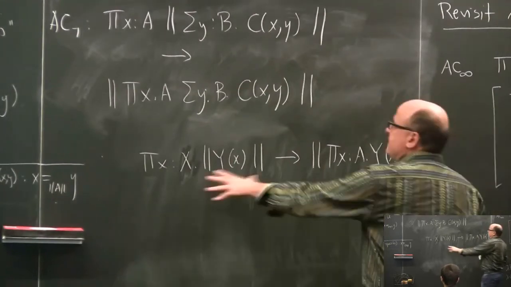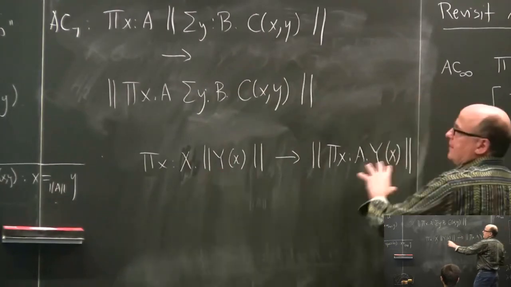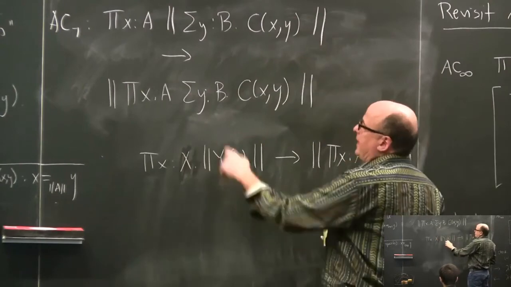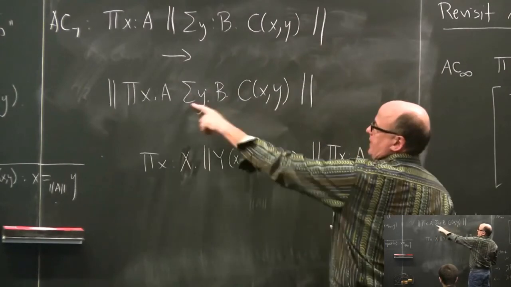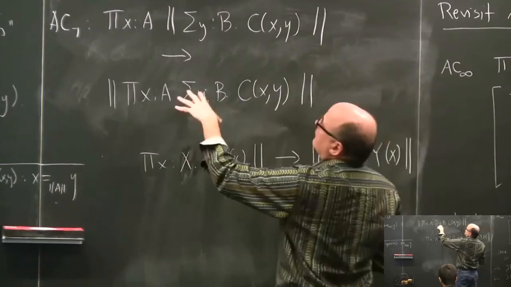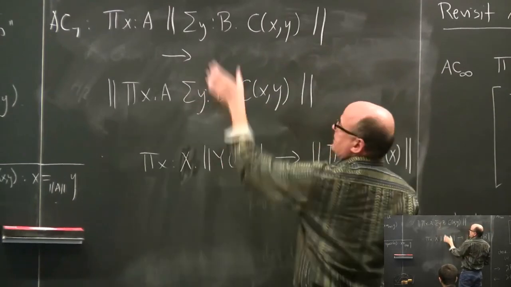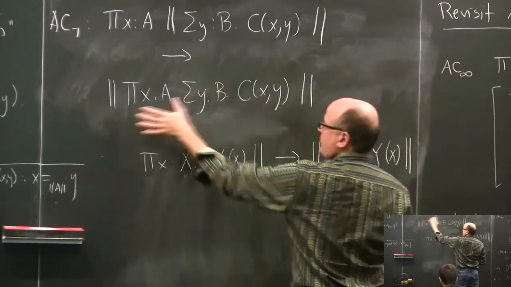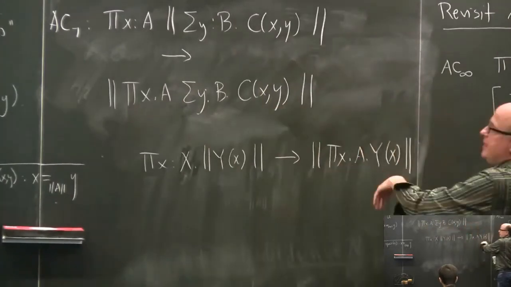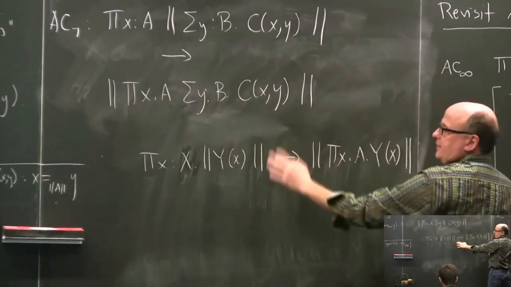Why? Because suppose this holds, then your x is A and your y is this guy. Okay, this is my guy. And I've written things now so that the truncation of the y is the truncation of the pi of the y. Okay, so this clearly follows from that.